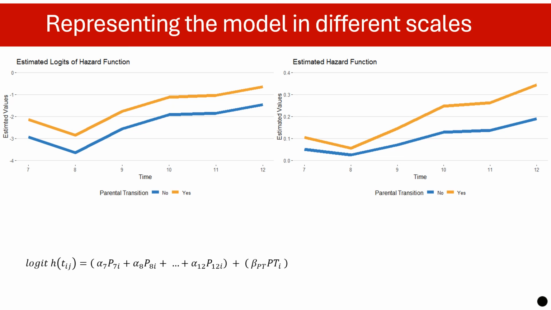The fact that a constant effect of a covariate on the logit scale may look like something different when the estimates are transformed on the hazard function scale means that when we look at the transformed hazard functions, we might be misled.